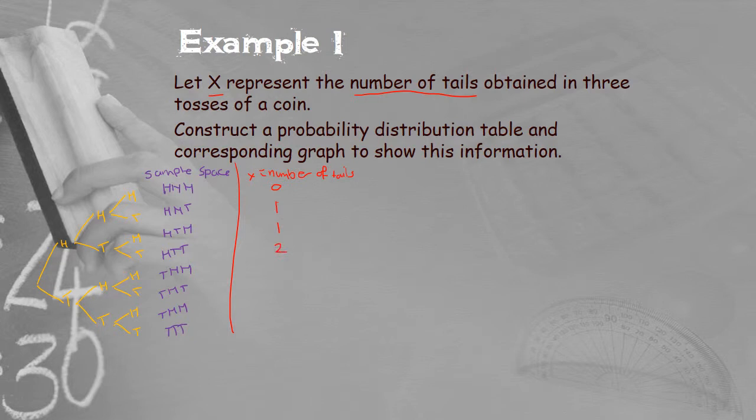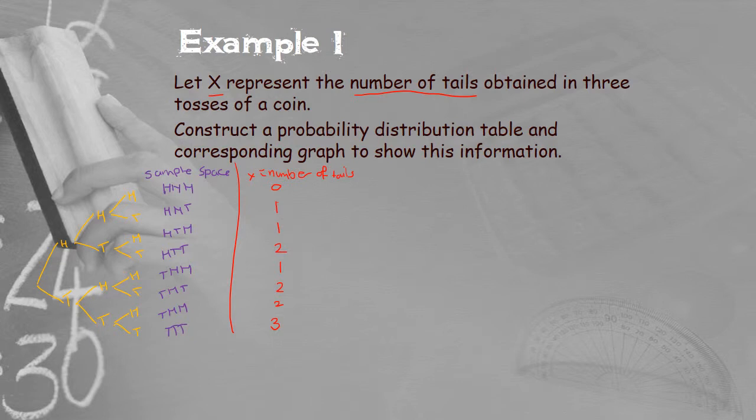Tails, heads, heads, 1 tails again, 2, 2, and 3. So here then, these numbers we can see here, these are the ones that form our sample space for x. Our probability distribution for x, the different values that x can have, represents the number of tails we could get.